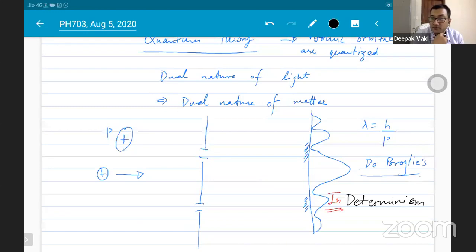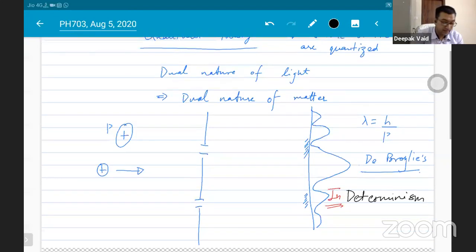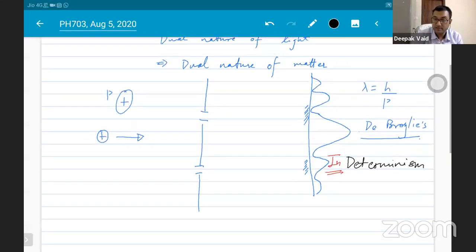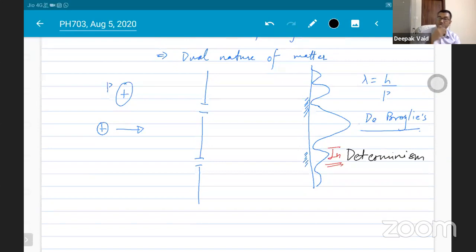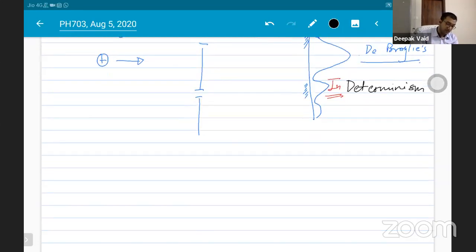So if I can't fix a precise location for my particle, then how can I predict its motion before, in the past, and in the future? Right? So now determinism becomes indeterminism. Determinism no longer can be satisfied in this picture, because if a particle can be a wave, then determinism is not possible as it was understood earlier.